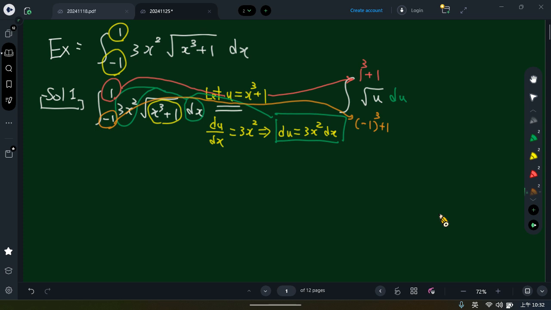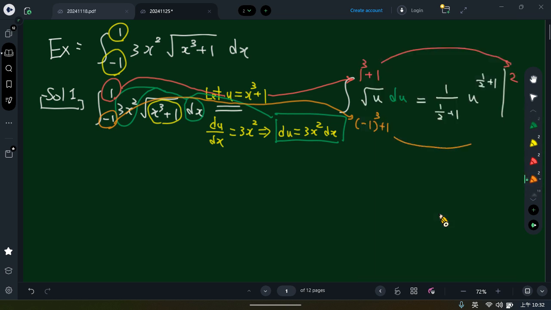Then you can see that will be u to the power of 1 half plus 1 over 1 half plus 1. Then that will be, here will become 2, here also will become 0.